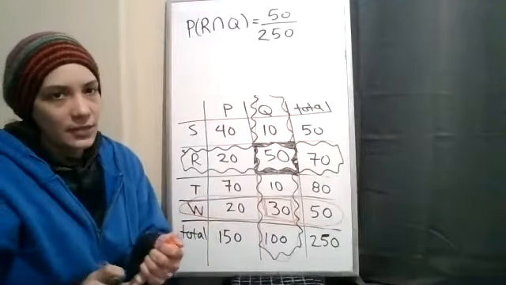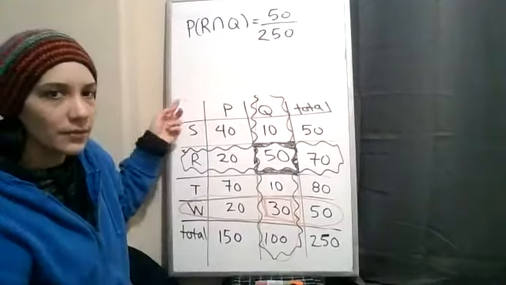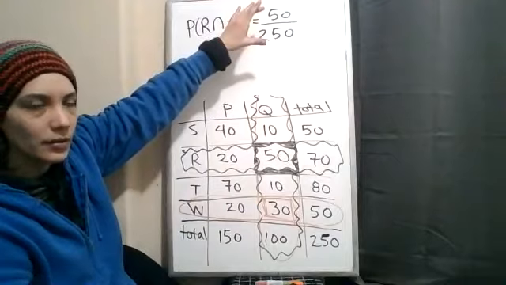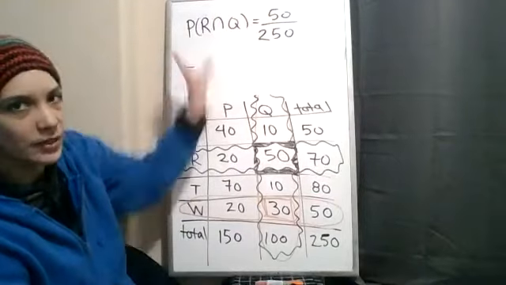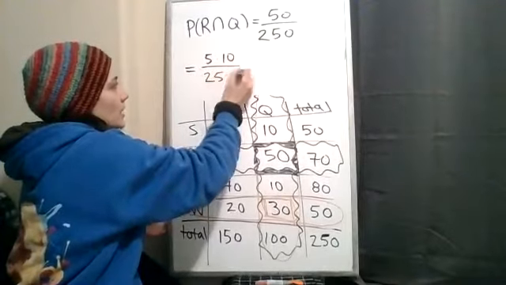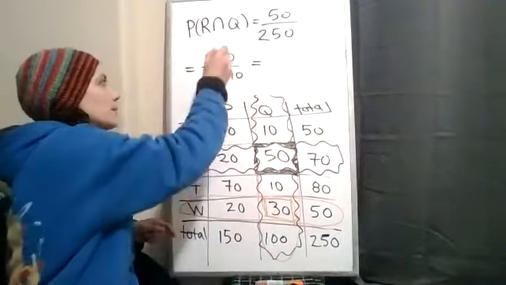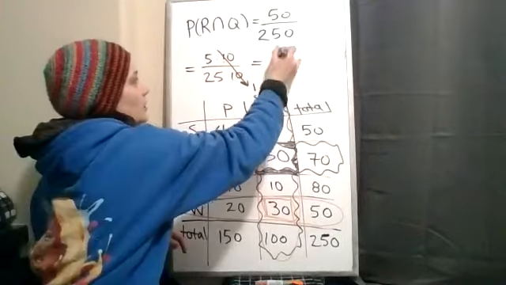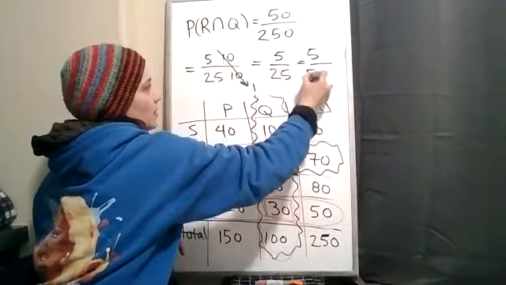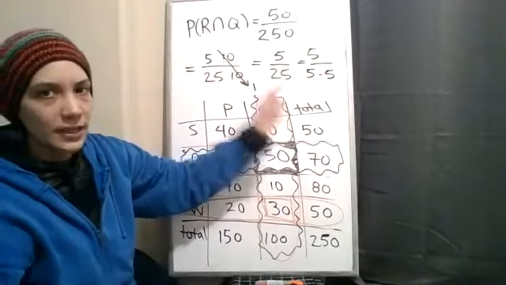All right, and as far as I'm concerned, I wouldn't mark this wrong, but we can easily simplify this. If you take a moment, let's factor the numerator and denominator. That's better. 5 times 10 over 25 times 10. 10 over 10 reduces to 1. So 5 over 25 is 5 over 5 times 5. 5 over 5 reduces to 1.